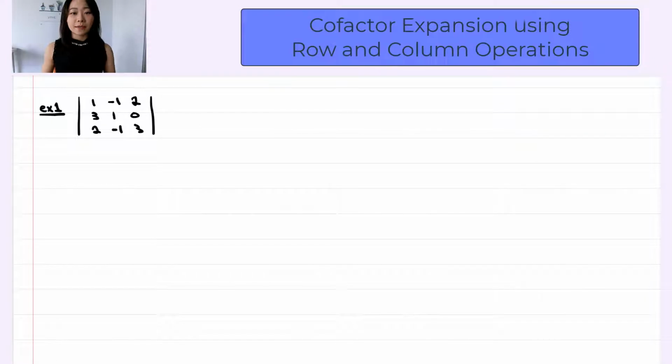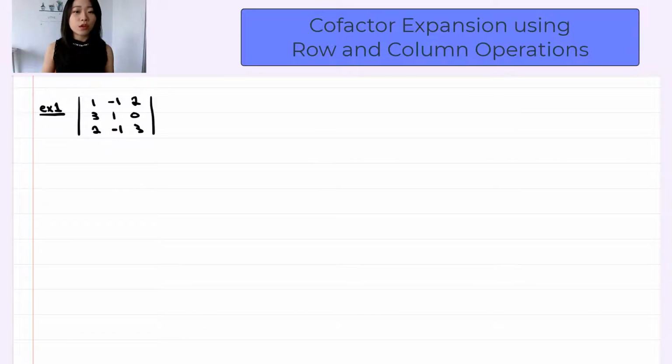Let's look at two examples. In this example, we have a 3x3 determinant. So we want to use cofactor expansion as well as row and column operations. When we use the cofactor expansion, it is more efficient if we have a row or a column that has many zeros. It is most efficient when we only have one entry that is non-zero.